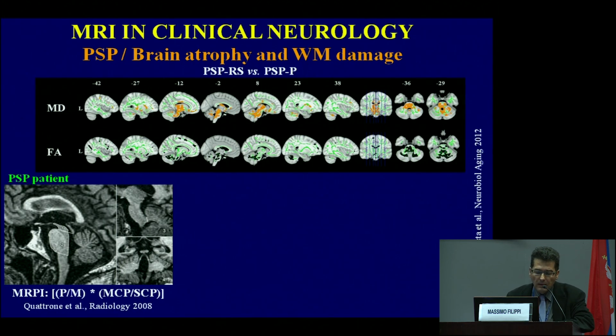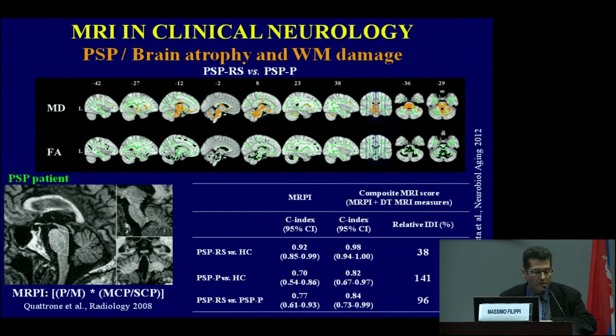And in the work done in collaboration with Professor Kostic, we added to these linear measures also diffusivity changes in the supratentorial and infratentorial brain of patients with PSP. And if you add the linear volumetric measures to these microstructural damage measures, you can improve the diagnosis at the individual patient level again quite a lot.